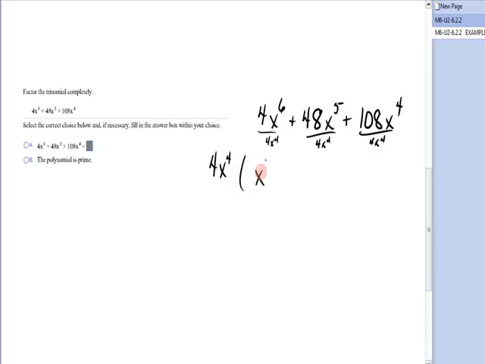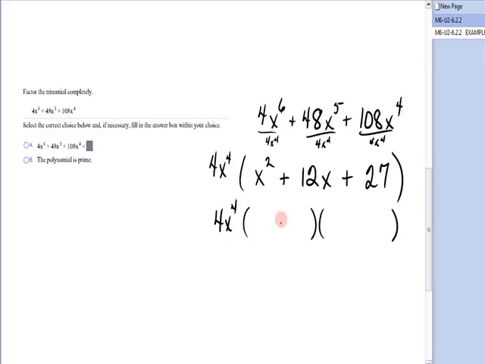That's going to leave me with x squared plus 12x plus, 4 is going to go in there 27 times, and the x to the 4th divide out. Don't stop there, because there is a possibility that this trinomial can be factored further. Also, don't lose that beginning factor.